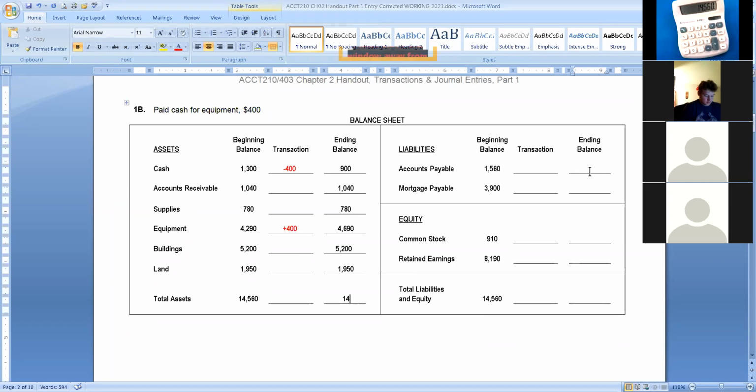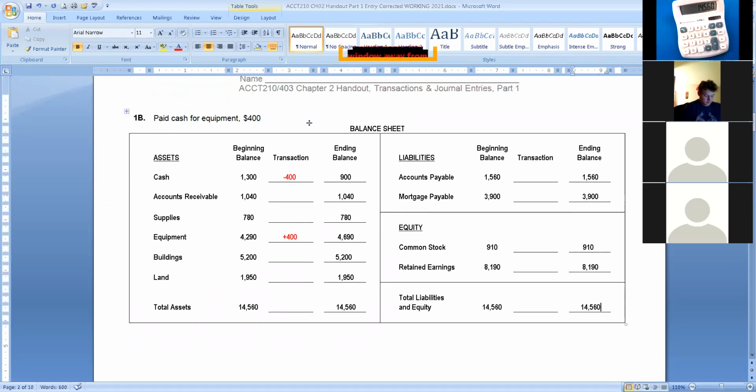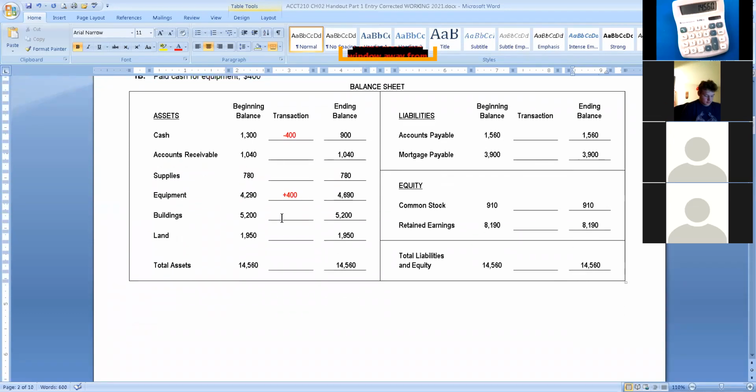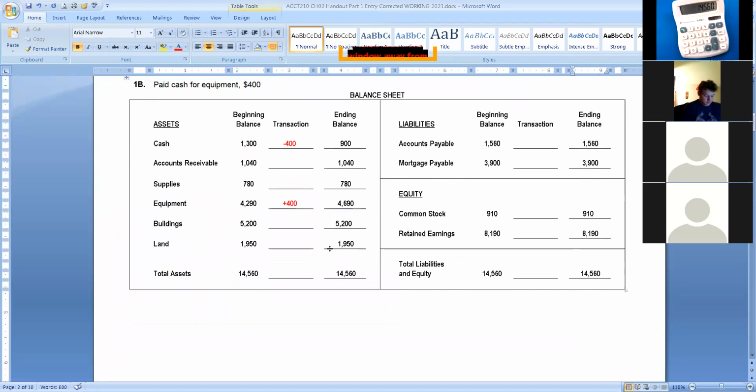This side didn't change. You really don't have to do this, but I'll put it. And that should be exactly the same. So again, this is another transaction that doesn't change the total assets, but you have less cash, you have more equipment.